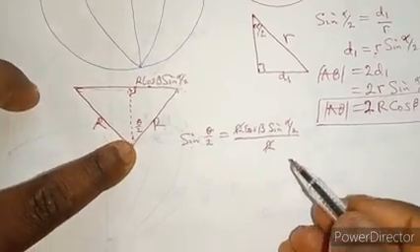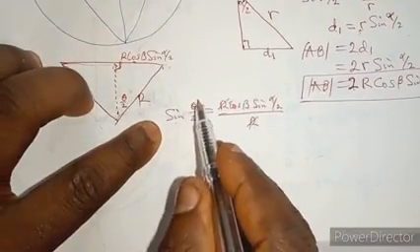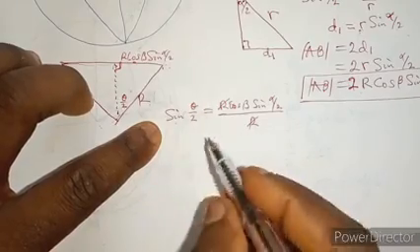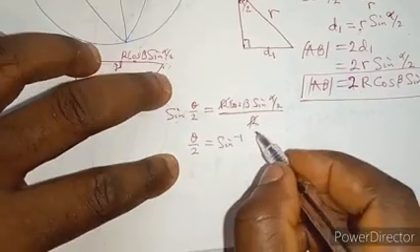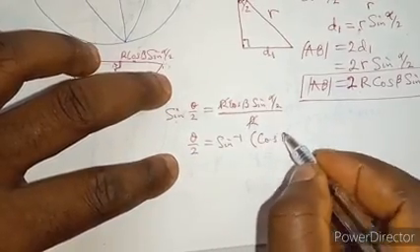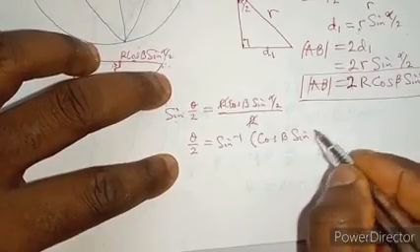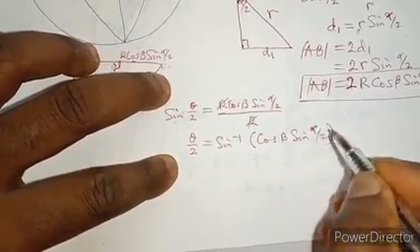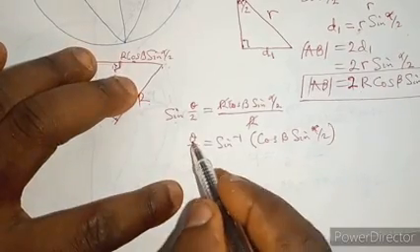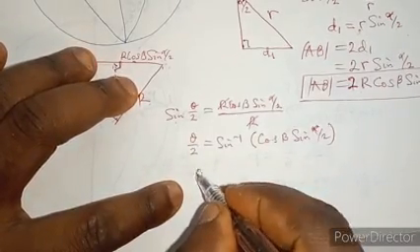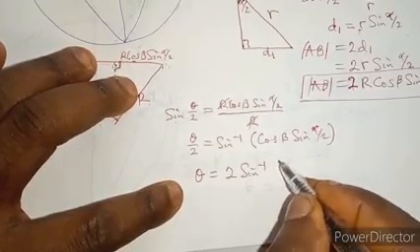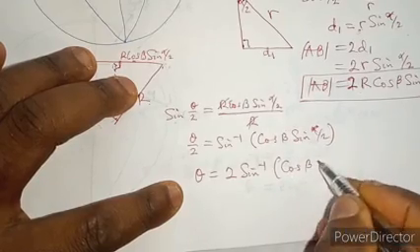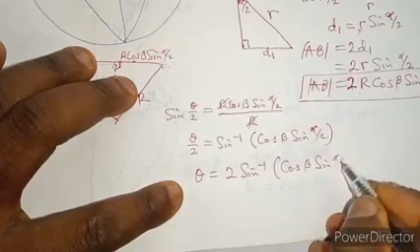So I am looking for theta. So arc sine of theta over 2 will now be arc sine of cos beta sine alpha over 2. Now, since it is theta I'm looking for, theta will now be equal to 2 arc sine cos beta sine alpha over 2.